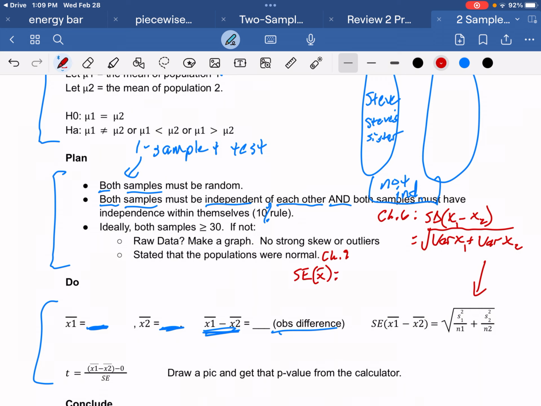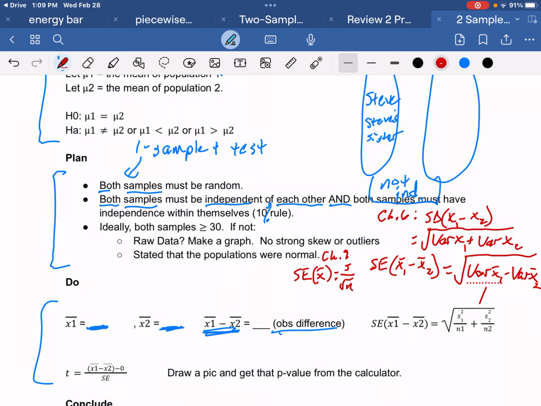Now, in chapter 9, in the one-sample t-test, we learned that the standard error of x bar is equal to s over the square root of n. Yes? Okay, so watch this. If I'm looking for the standard error of x1 bar minus x2 bar, then that would be equal to the square root of the variance of x1 bar plus the variance of x2 bar.